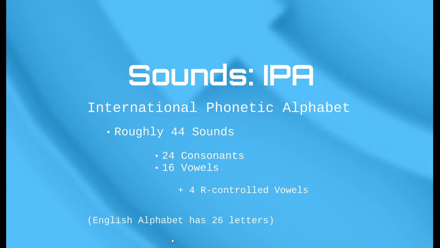Now, English only has 26 letters in the alphabet, so we don't have enough letters to show all of these sounds. So when we use English writing, we're using letters for more than one sound. Now, this causes a problem, and that's why we're using the International Phonetic Alphabet to help us understand and use sound a little more effectively.